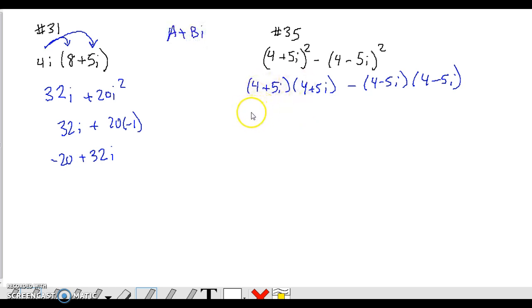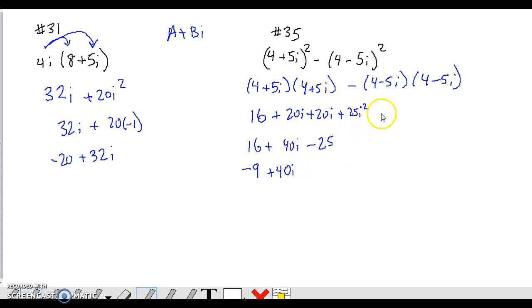So we multiply this together, so we will get 16 plus 20i plus 20i, and then plus 25i squared. Simplify this a little bit more, 16 plus 40i, and I'm going to say minus 25. And then let's simplify this even more. So this will be negative 9 plus 40i.